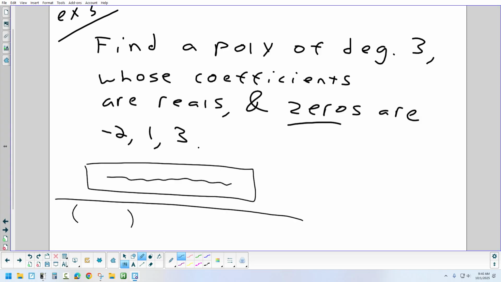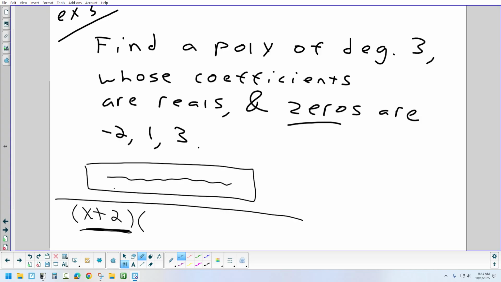What would you have to divide by if you were plugging in negative 2 into the top to check if this was a factor? X plus 2. Right. You would have to make sure that x plus 2 was one of the factors. Right? So that's one of them, okay, x plus 2.